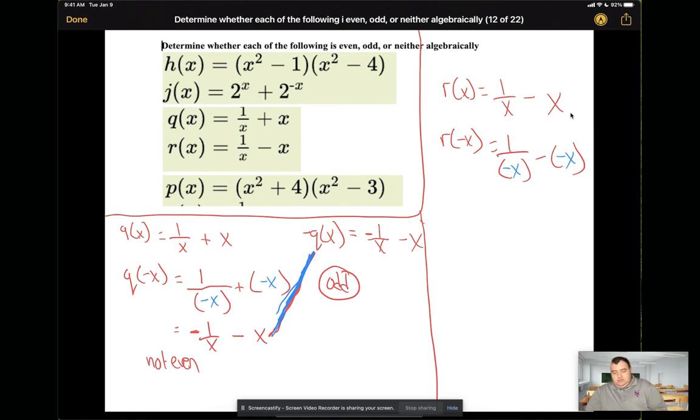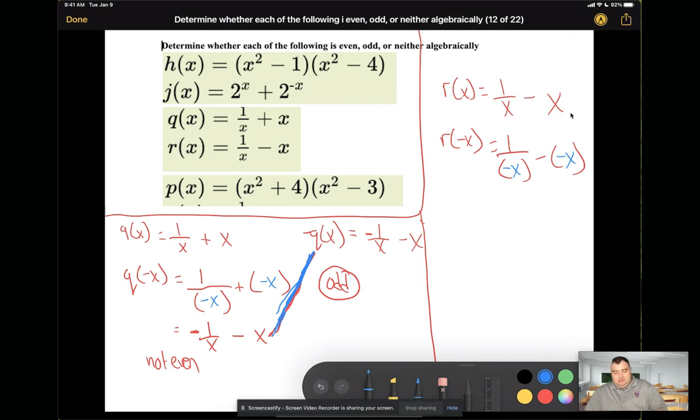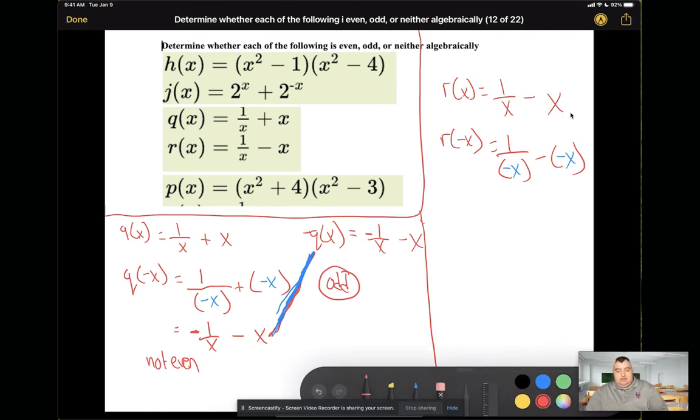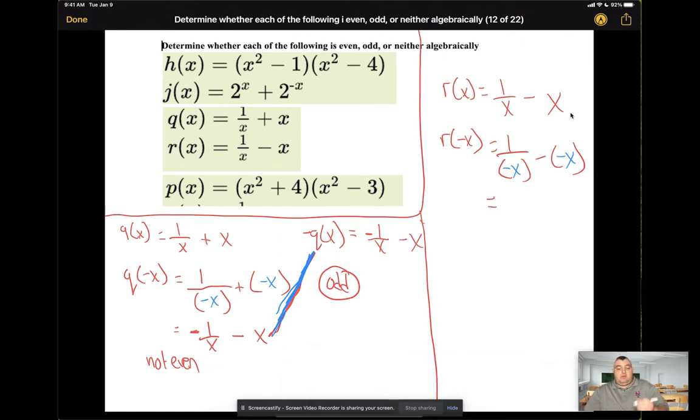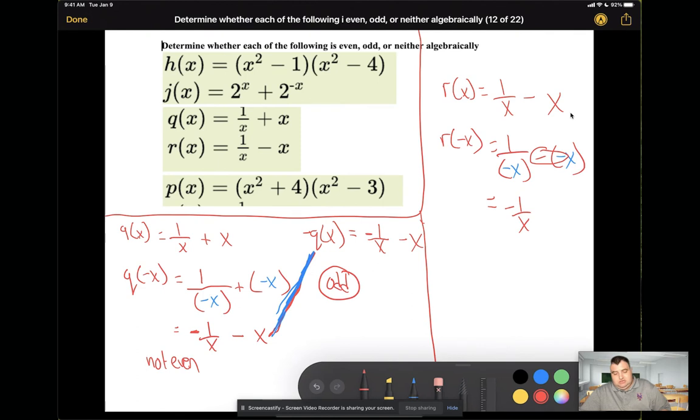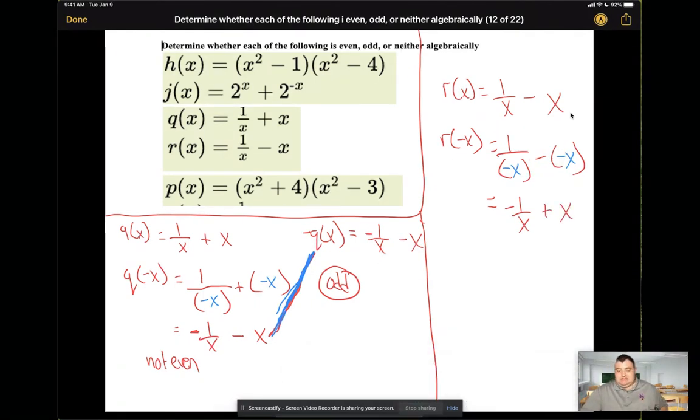So 1 over negative x, remember, that really means 1 divided by negative x. The 1 over negative x is going to make the overall fraction negative, so this becomes negative 1 over x. And then minus negative x. This is a double negative right here, and double negatives become positives. So this becomes plus x.